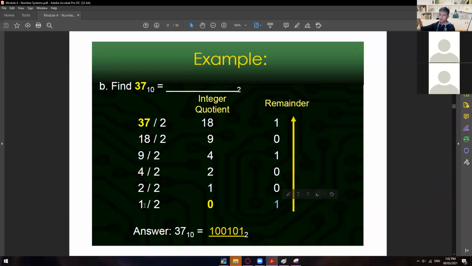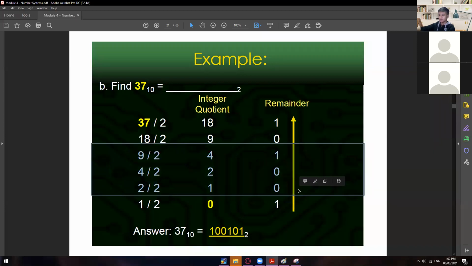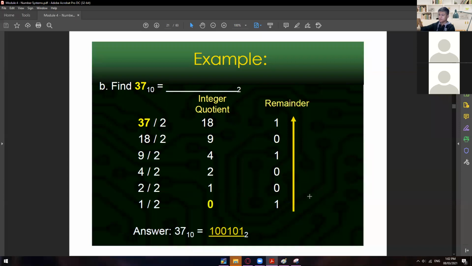Okay, so whatever is the last value of your numerator here, just put it as your remainder. Once the value of your integer quotient is 0, that's the time that you will stop dividing. And then you will start reading the value of your remainders from bottom to top. So 100101. So it's 100101 base 2.